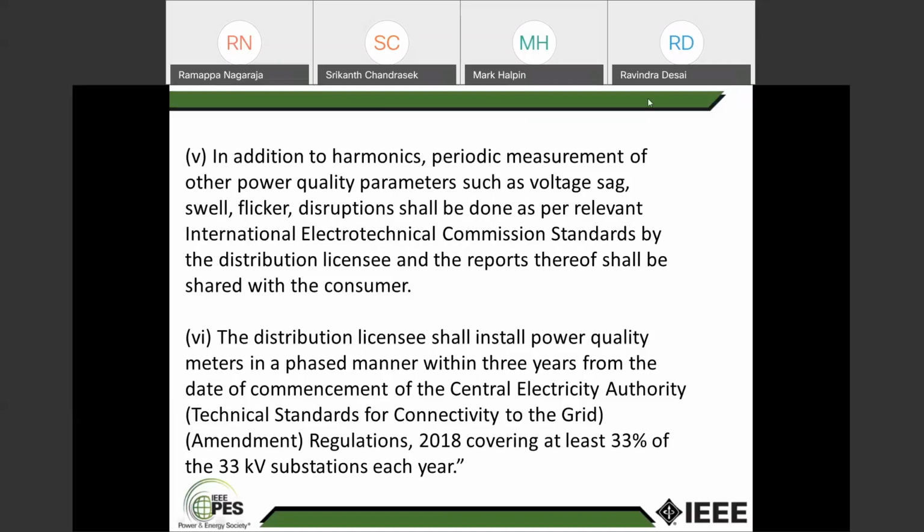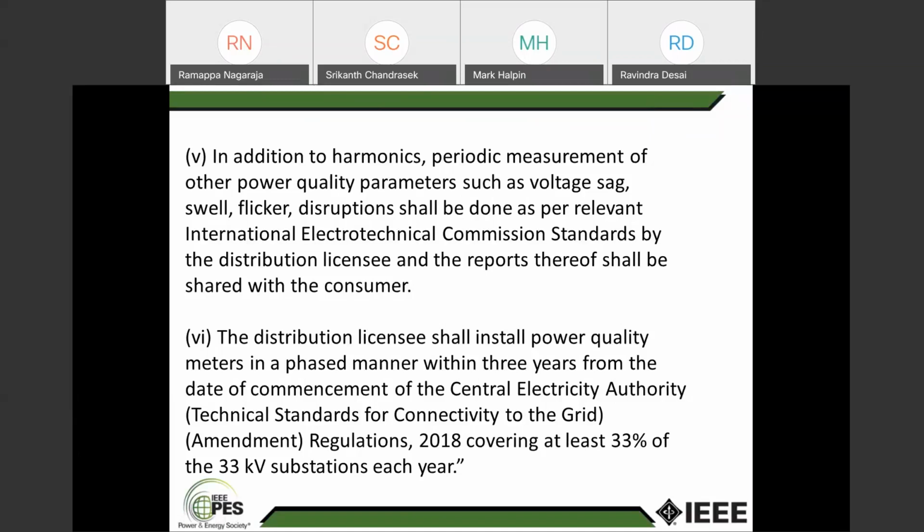It also stipulates that in addition to the harmonics, the various other disturbances, voltage sags, swells, flicker, and interruptions, should also be measured. Therefore, I would like you to comment on whether it is only the harmonics or the various other power quality parameters that are also measured.